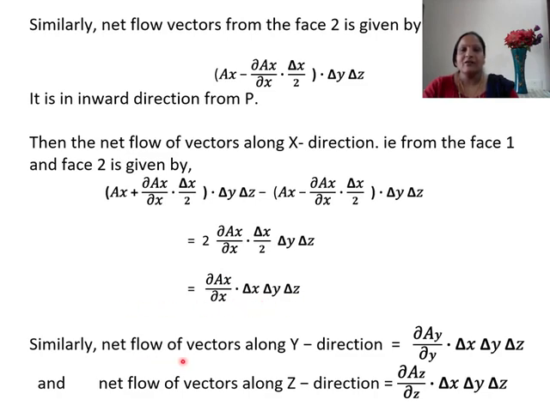Similarly, the net flow of vector along y direction is ∂Ay/∂y into Δx Δy Δz, and net flow of vector along z direction is ∂Az/∂z Δx Δy Δz.